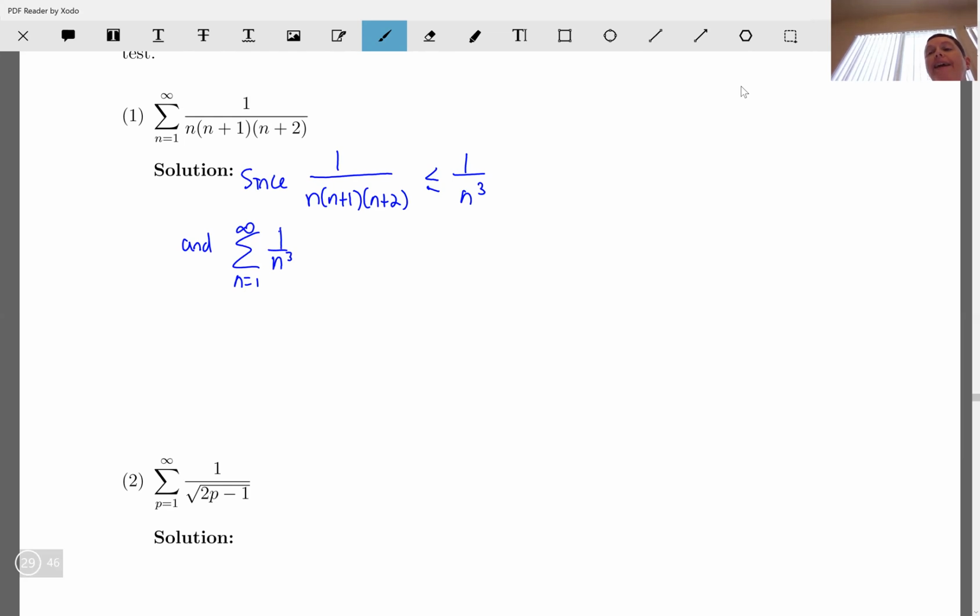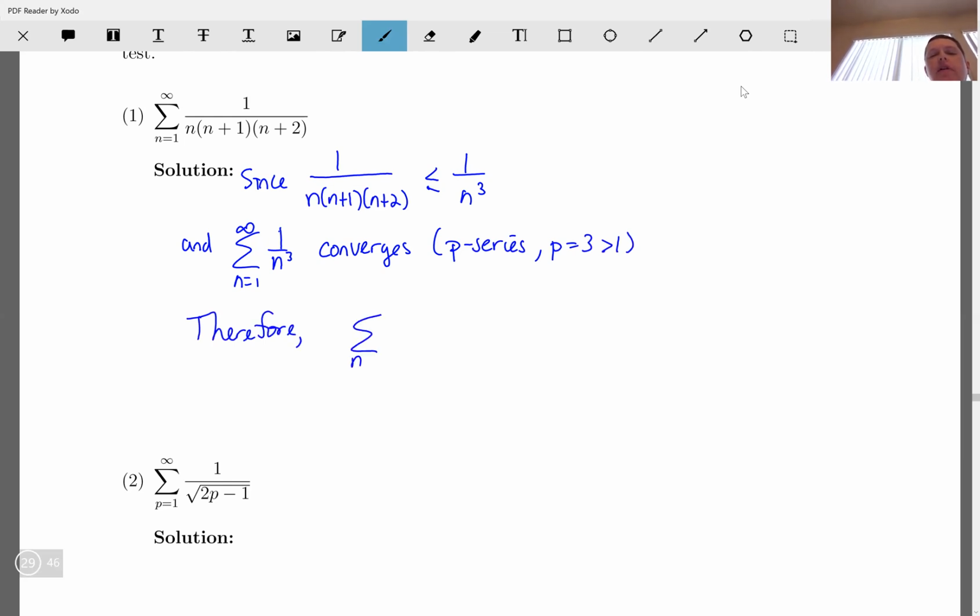If you said it converges, then you are absolutely correct. Why does it converge? It's because it's a p series with p equal to 3, which is bigger than 1. And since that is true, that means that my given series converges.